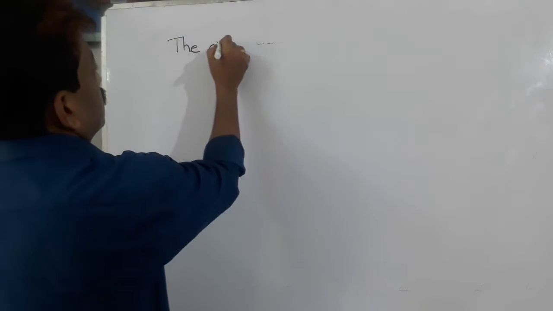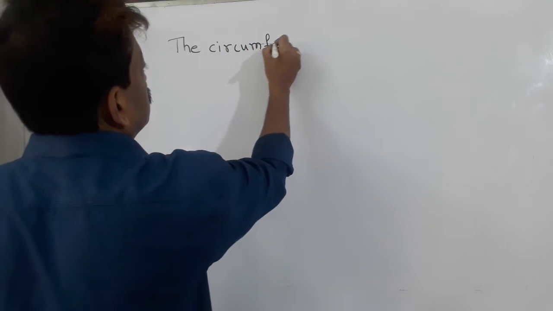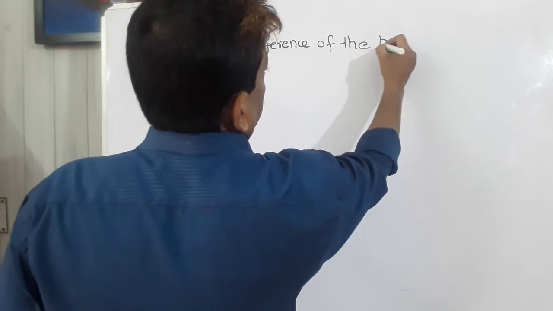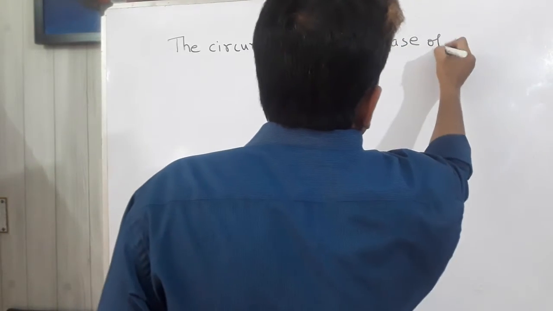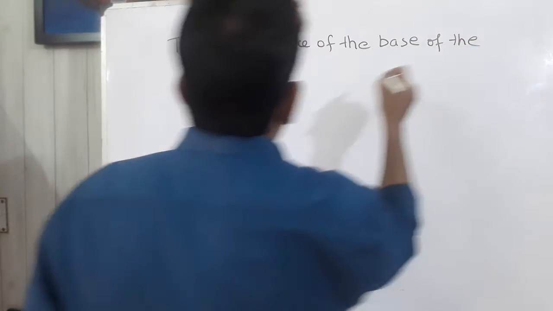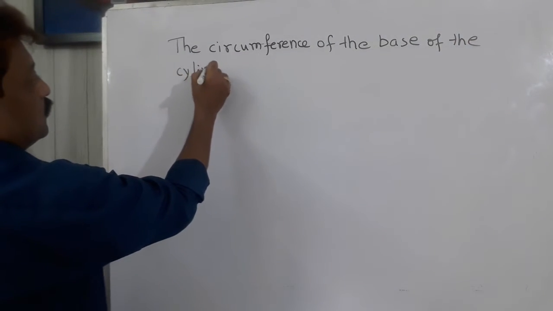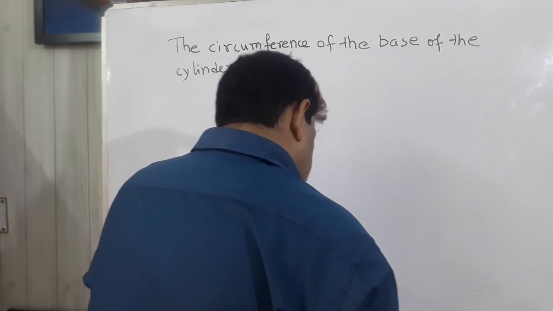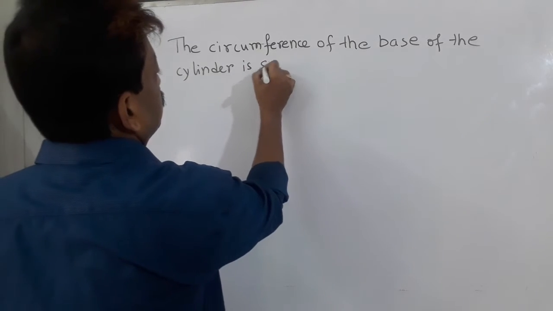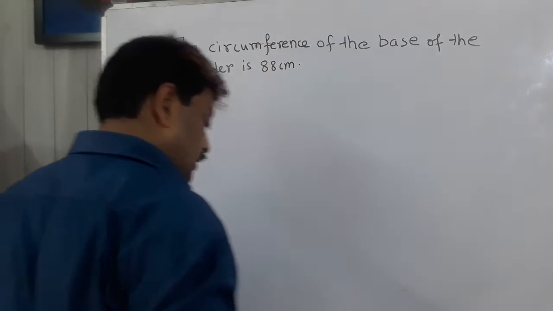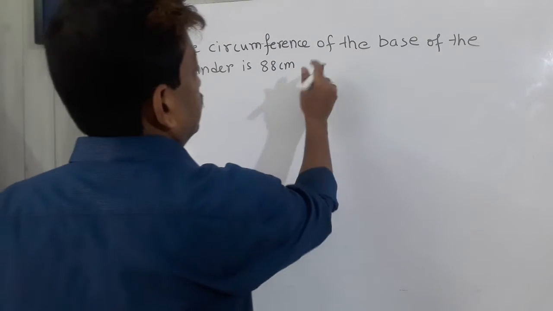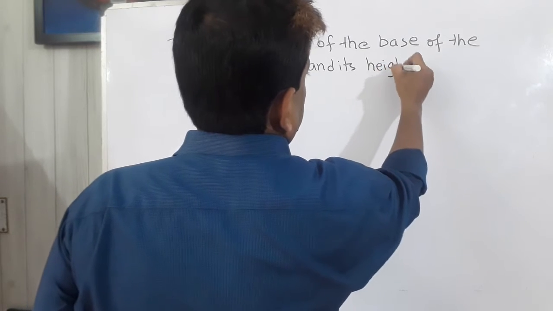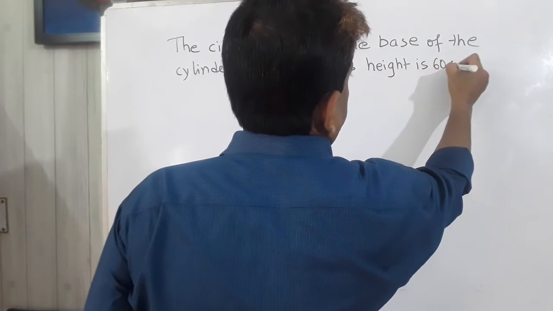The circumference of the base of the cylinder is 88 centimeter and its height is 60 centimeter.